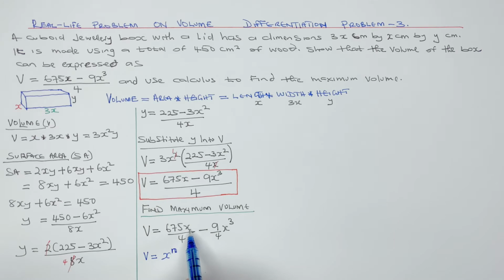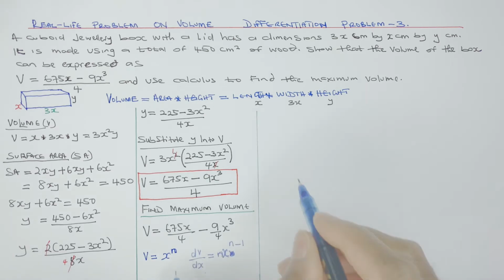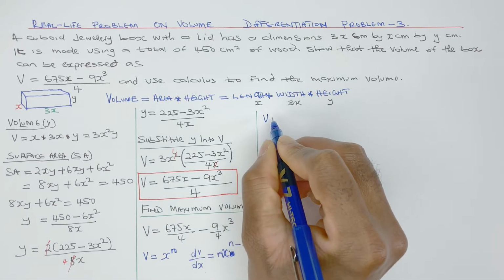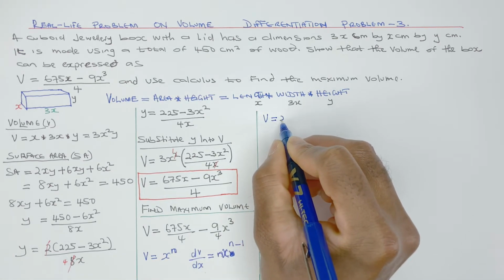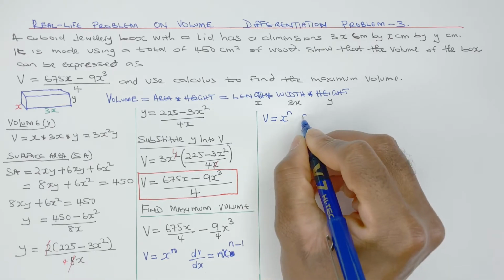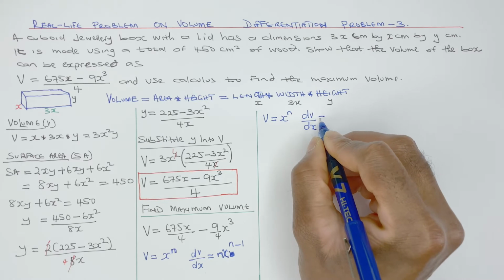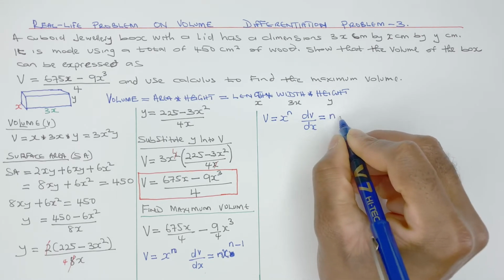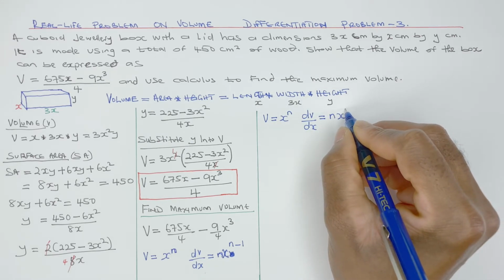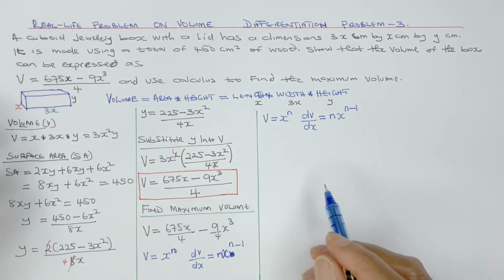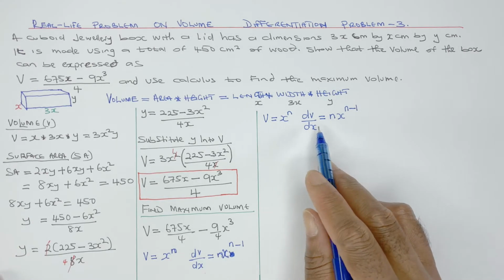V depends on x, so V is a function of x. Therefore, we can then write the derivative of that. So we've got V equals x to the power of n, and dV/dx will be equal to nx to the power n minus 1. And that's the process we use to find the gradient.